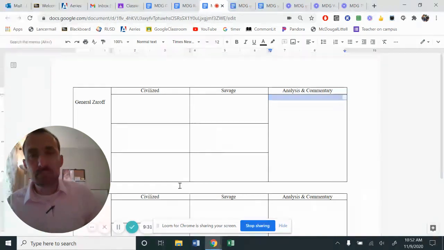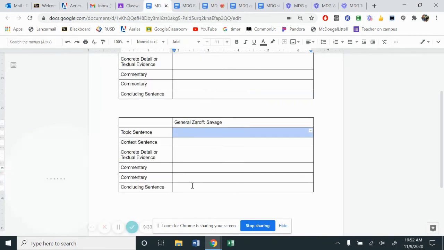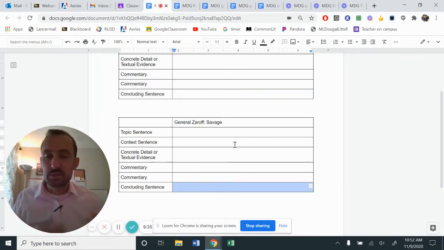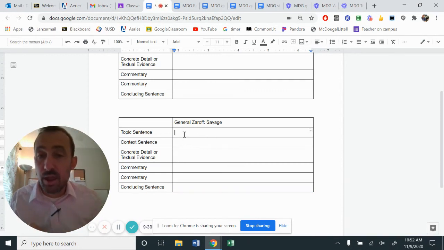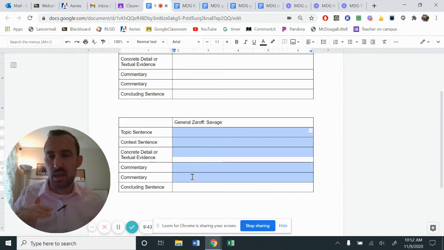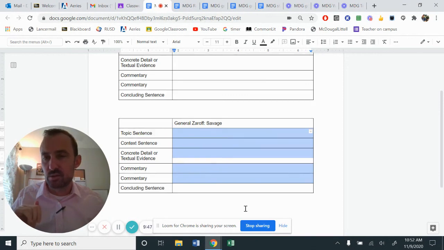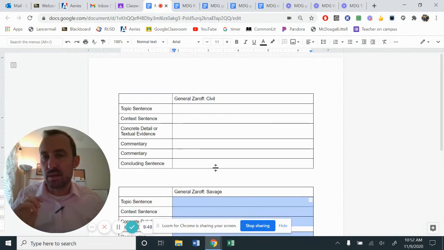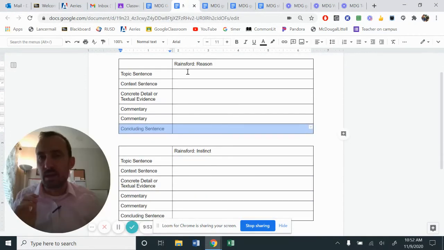All right. So your goal right now is to come up with that concluding sentence, wrap it up. One of the ways to do this is to start here and read through all of the sentences and then figure out, what have I not said yet? What have I not said to prove that General Zaroff is a savage? How did I reiterate that General Zaroff is civil in this paragraph? Did I communicate everything about Ransford showing reason?